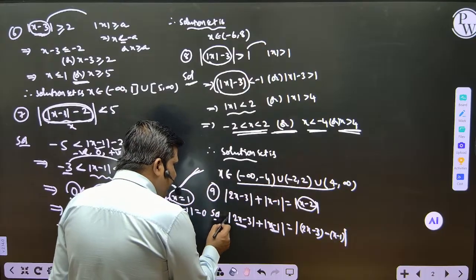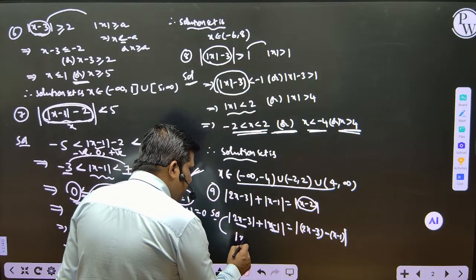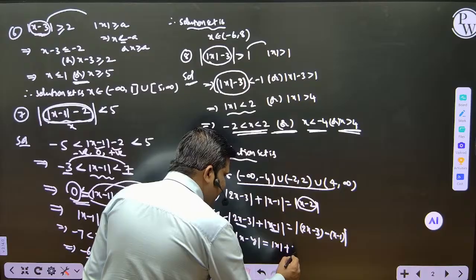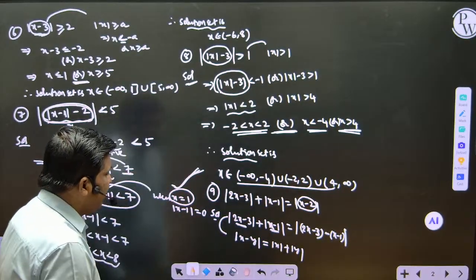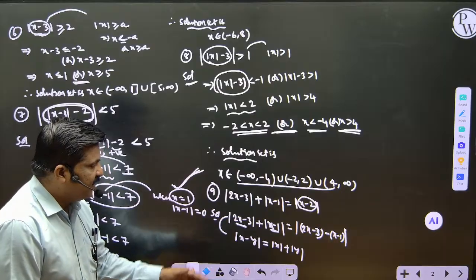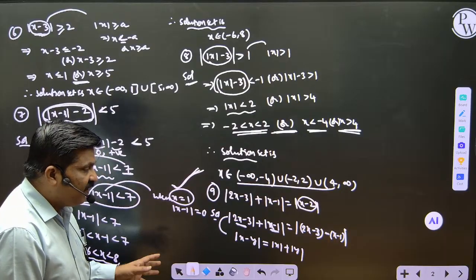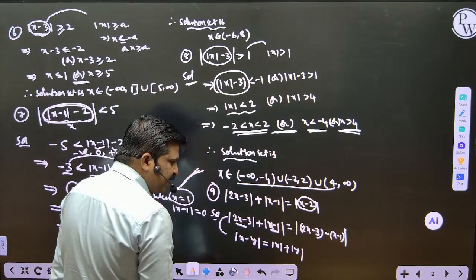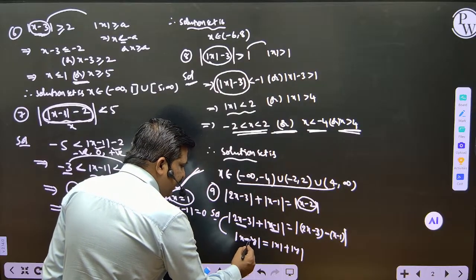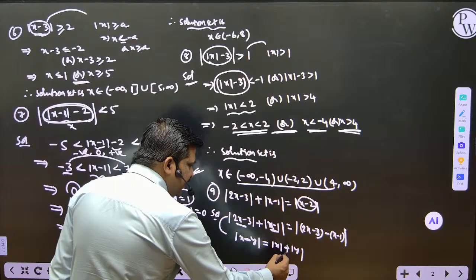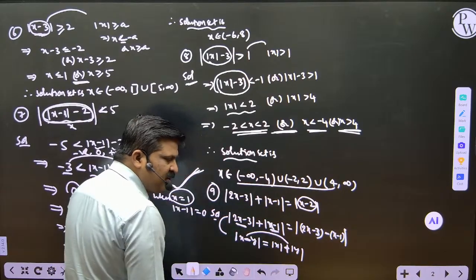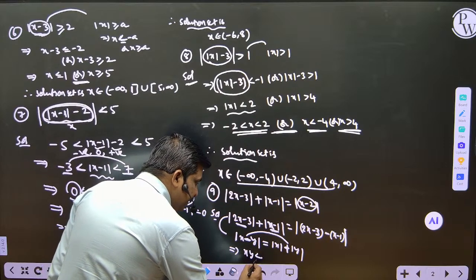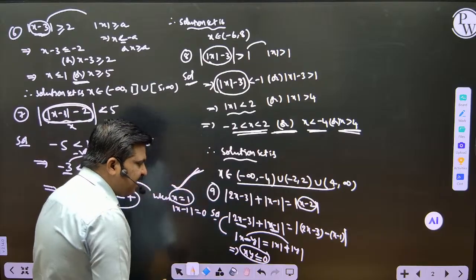Now clearly, if you observe this, which form does it look like? Modulus of x minus y is equal to mod x plus mod y form. Here the sign is negative, here it is positive, so both have opposite signs. Both having opposite signs means, as I said yesterday, xy should be less than or equal to 0.